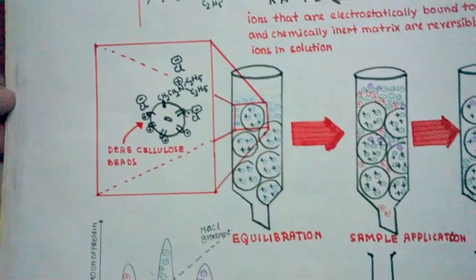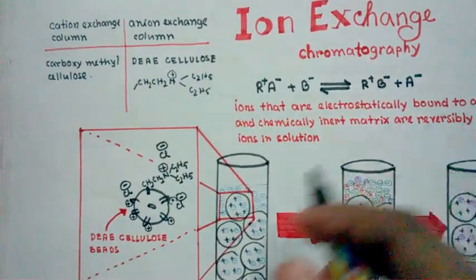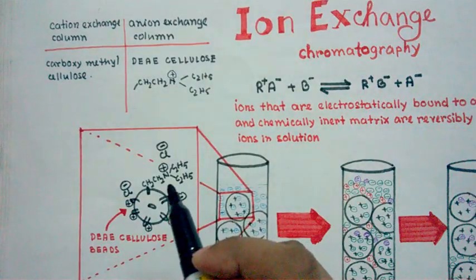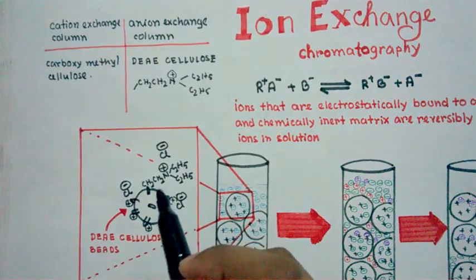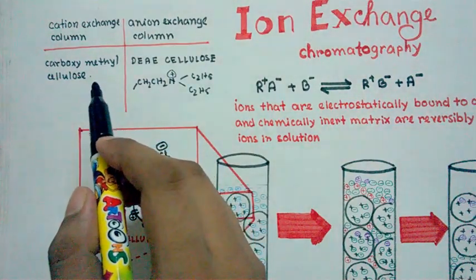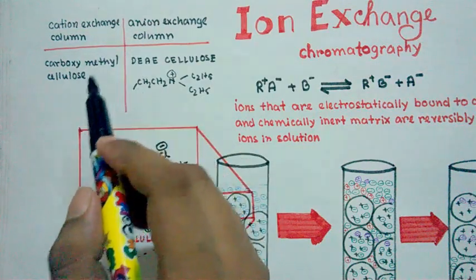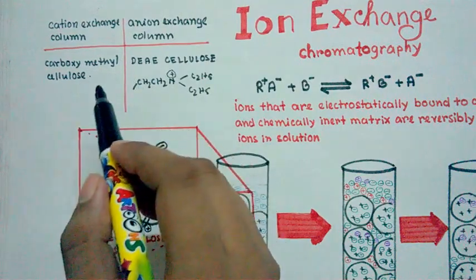So here come two terms. One is cation exchange chromatography, another is anion exchange chromatography. Cation exchange chromatography means that our protein is a cation, that means our protein has more basic groups like lysine, arginine, etc. To purify or separate that protein, we would use a cation exchange column. The cation exchange column popularly used is carboxymethyl cellulose.